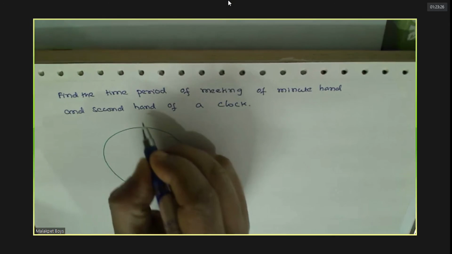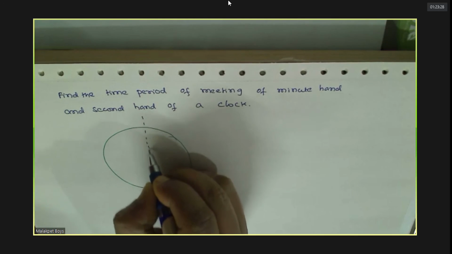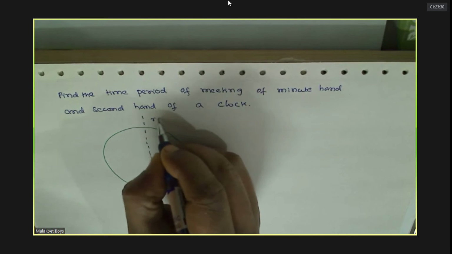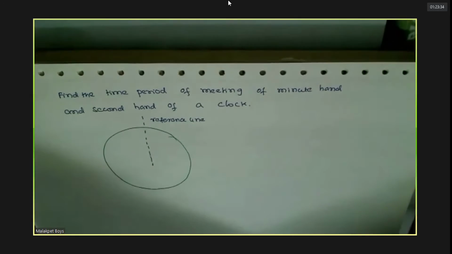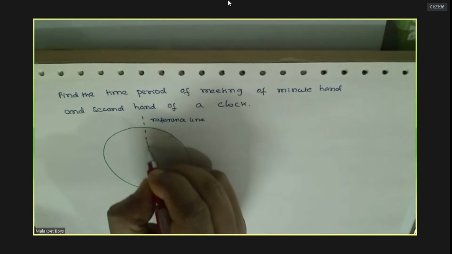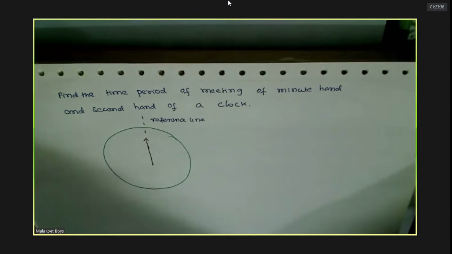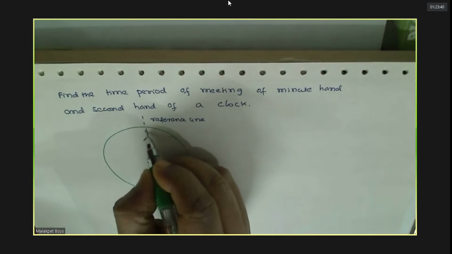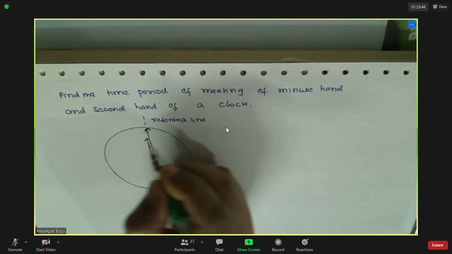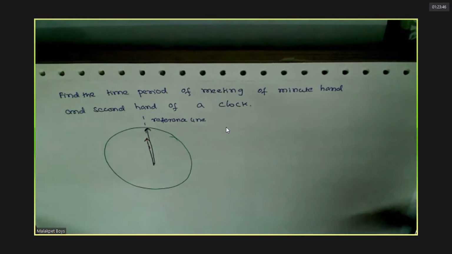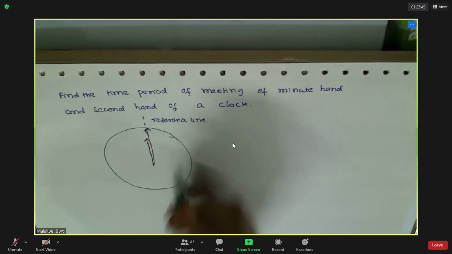Say suppose we take this as some reference line. As an example, both are here at some time. You set the clock and leave. After some time they will be moving in clockwise direction.